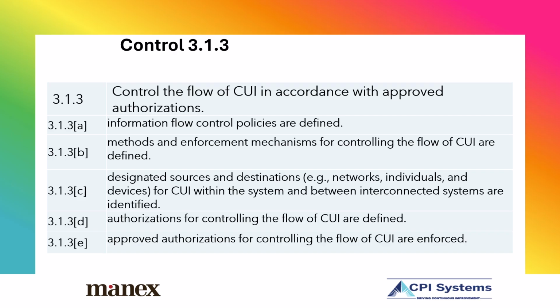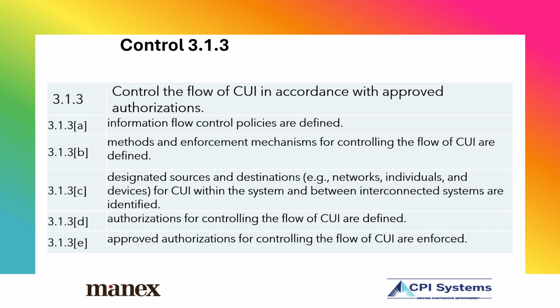D, authorizations for controlling the flow of CUI are defined. And E, approved authorizations for controlling the flow of CUI are enforced. So we define by documenting, we enforce, we review, we maintain this control. Your change control and administrative procedures are in place.